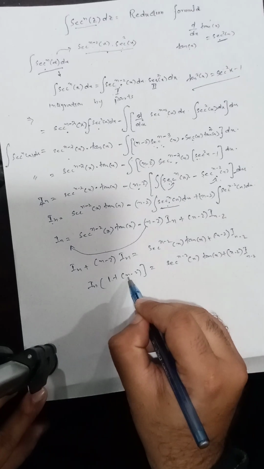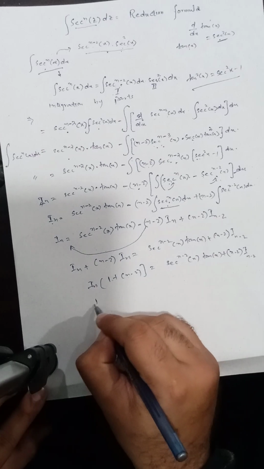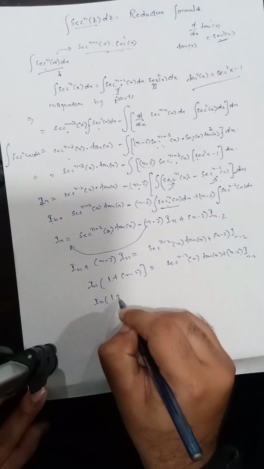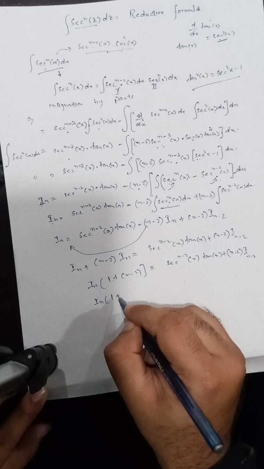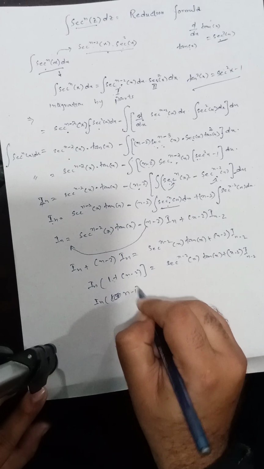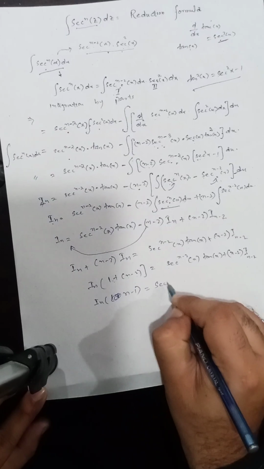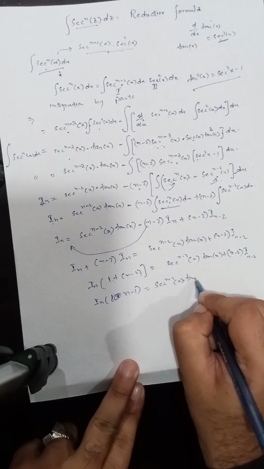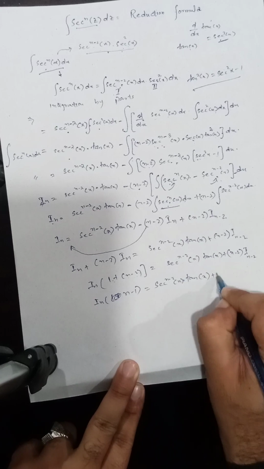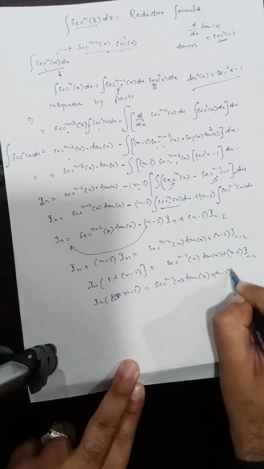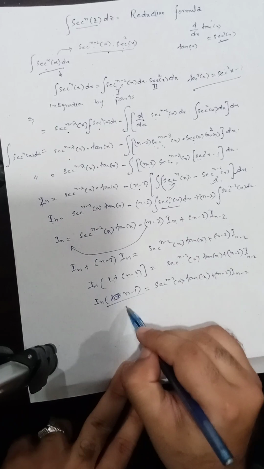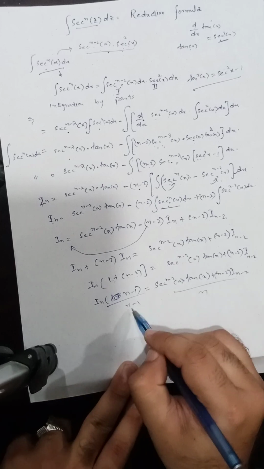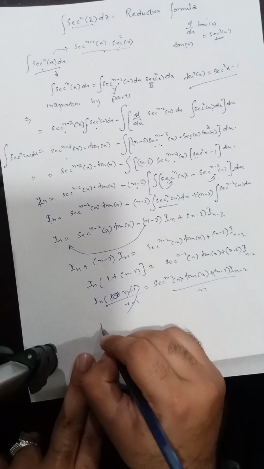So 1 plus n minus 2 is equal to n minus 1, so it is n minus 1 times I n is equal to secant of n minus 2 of x with tangent of x plus n minus 2 into I n minus 2, so dividing n minus 1 on both sides.